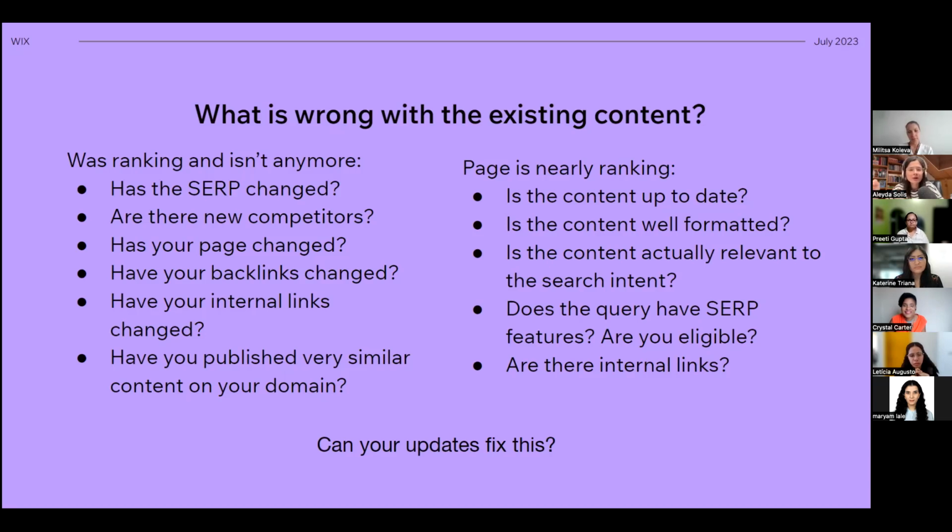For example, tennis shoes. A few years ago, Google tended to rank mostly listing pages, category pages of e-commerce websites, purely for these terms.